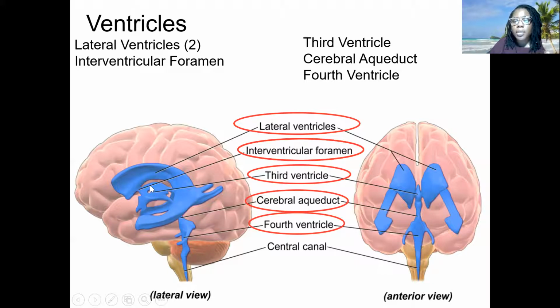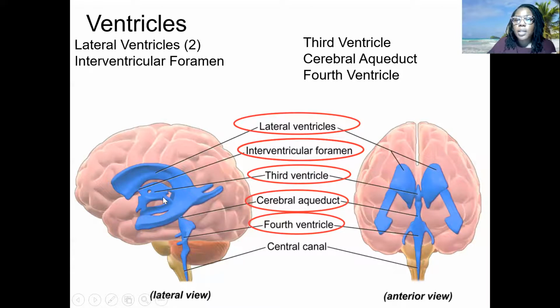And again, I talked about the 3rd ventricle as being the space that's around the thalamus. So on both halves, we have the thalamus, which is the wall, and then the space that's being created around the interthalamic adhesion. So we can see this tiny dot here, which is where the interthalamic adhesion is, that creates this space called the 3rd ventricle. So CSF goes from the lateral ventricles through the interventricular foramen, this tiny opening, makes its way to the 3rd ventricle.